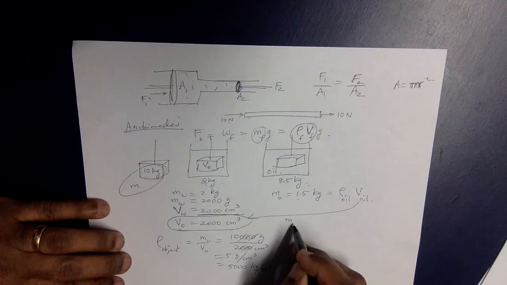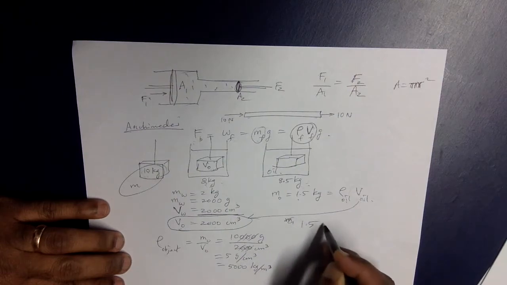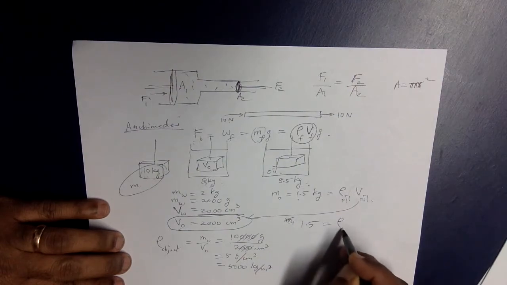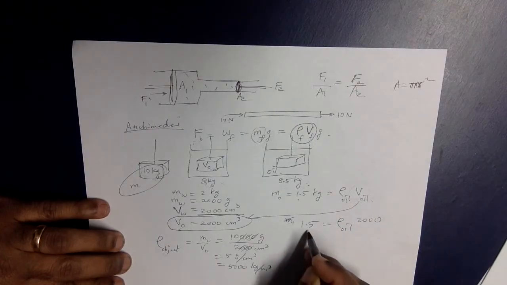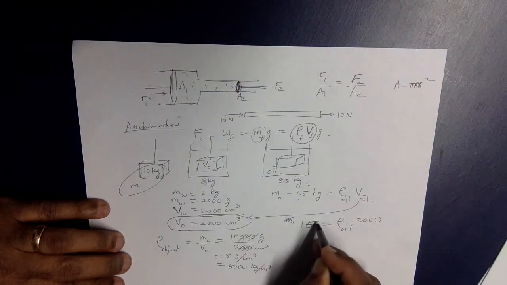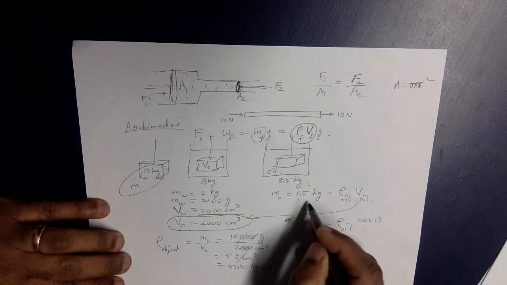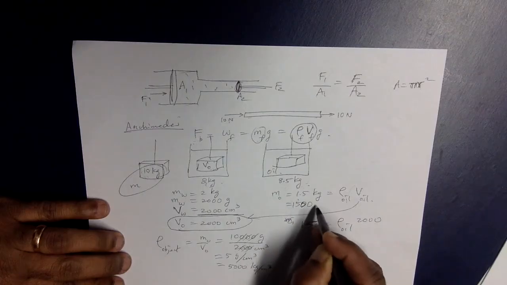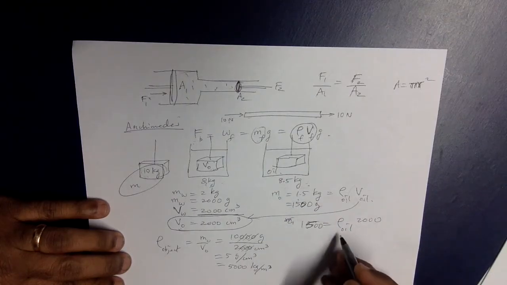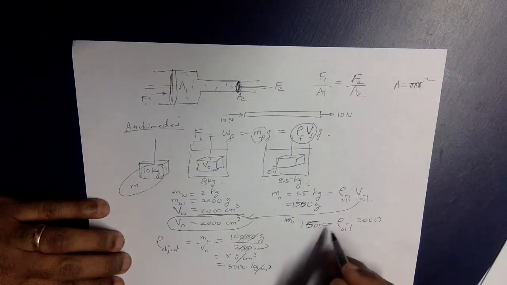So 1.5 is equal to density of oil times 2000. But again, this is not 1.5. You should write it as 1500, because 1.5 kilograms is 1500 grams. If you want to keep the same system of units, this is a better way of doing it.